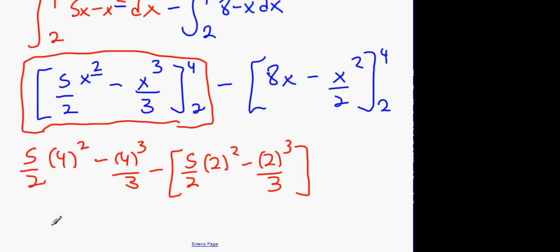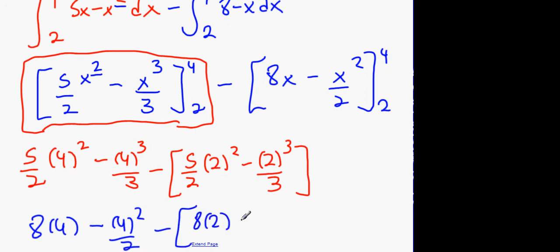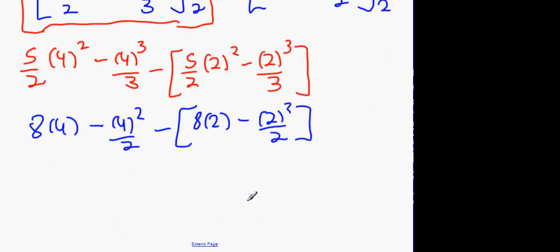That's the red area only. Blue area is going to be 8 times 4, minus 4 squared, all over 2, take away 8 times 2, minus 2 squared over 2, close bracket. Once you get the red and blue area, let me know please.